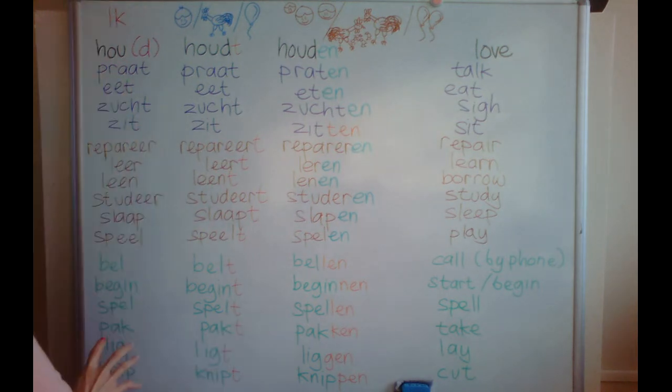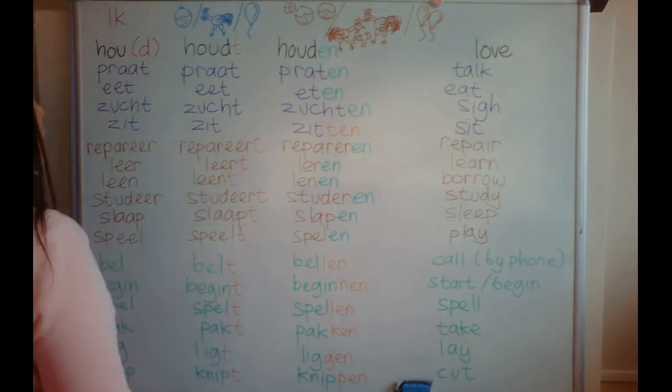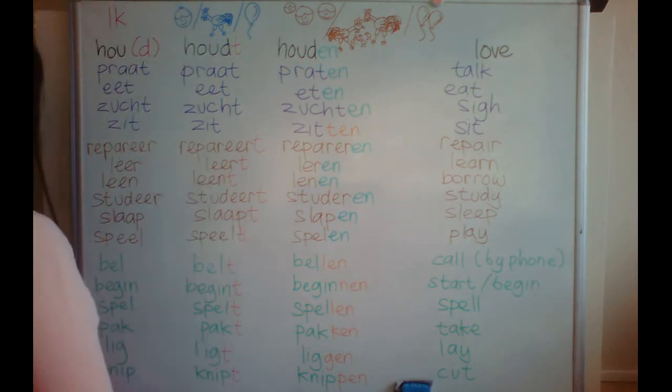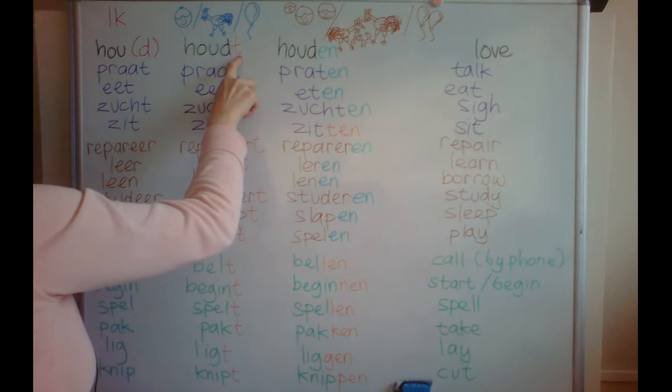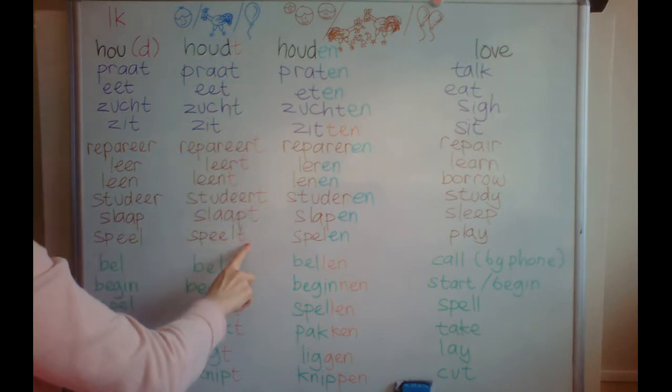Subject ik, no ending. Subject that consists of one, you put T at the end of the verb.